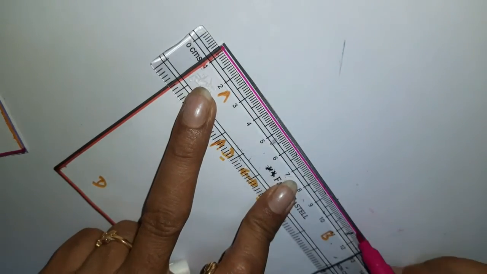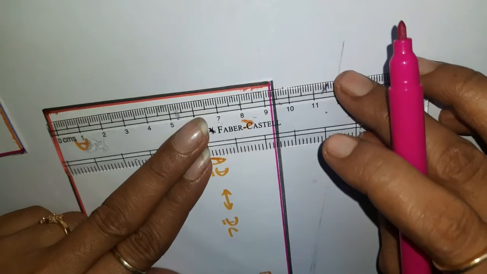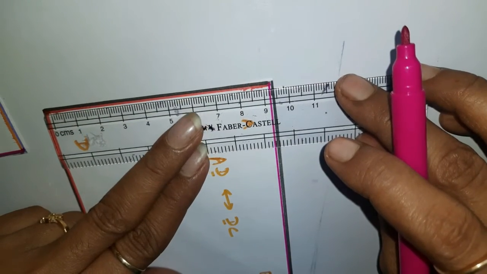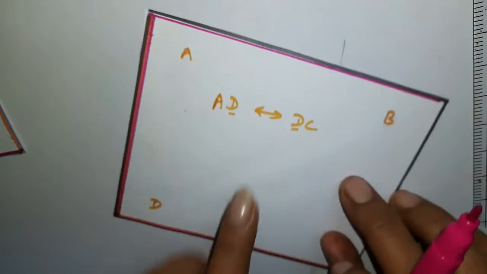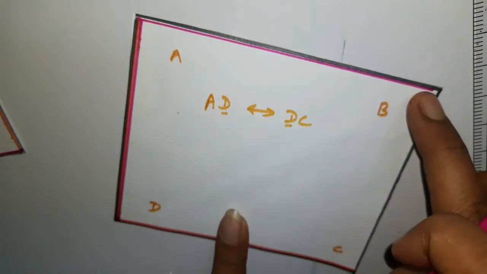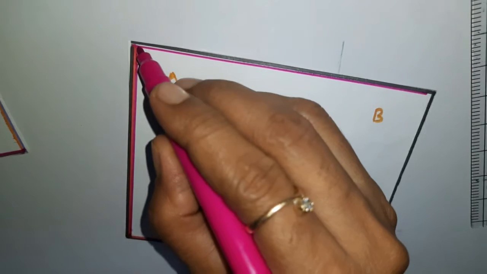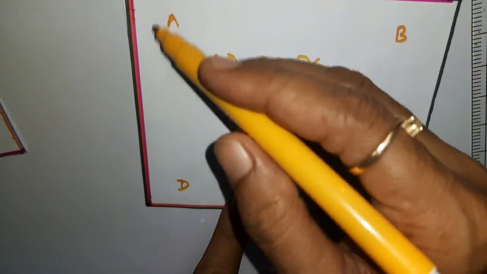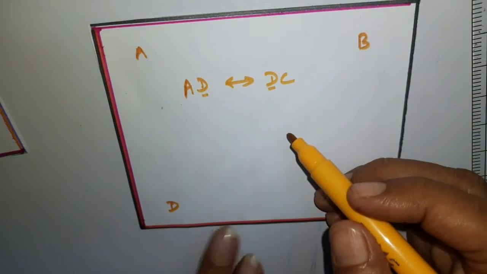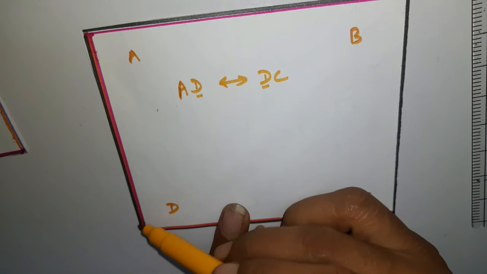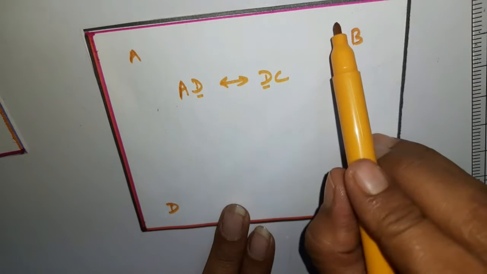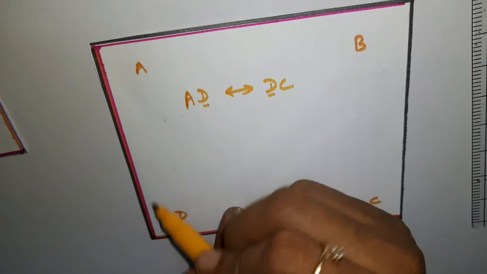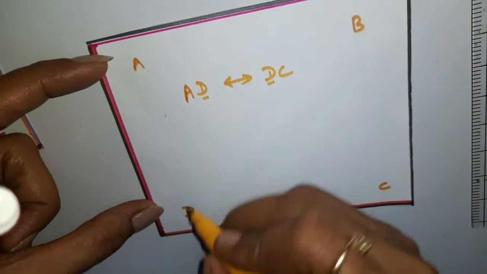So if this one is your one, and again if I take this one, these two pink lines, this and this, again they are having one common point over here, this A. So let us write down the names of these two common sides. You can see this pink color and this pink color, right? So the name of this is AD or DA, you can say DA.